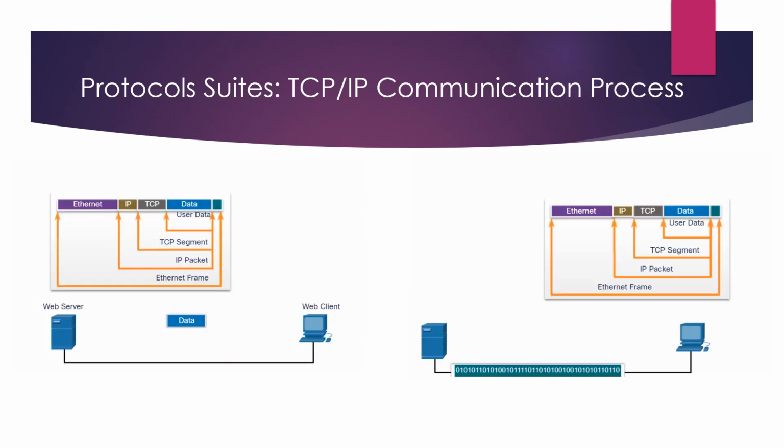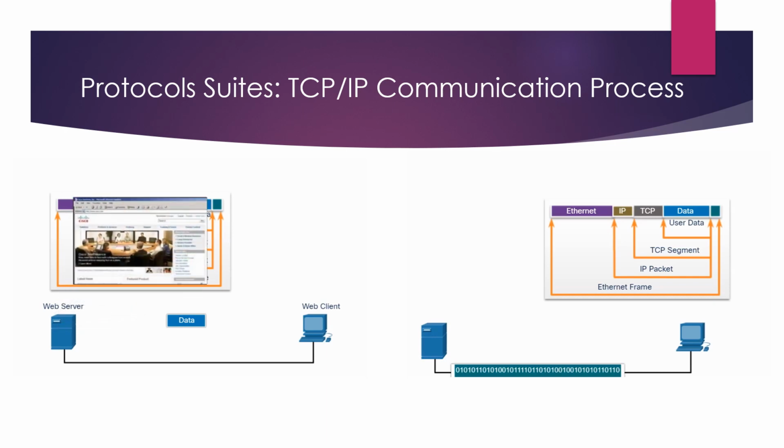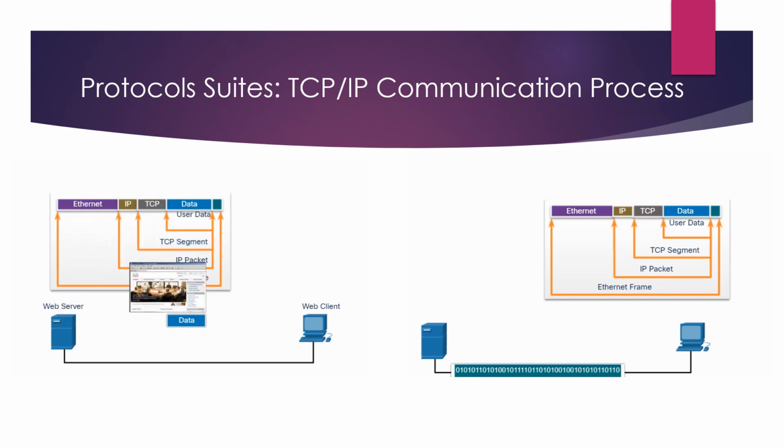Here in this slide, we have an animation that demonstrates the complete communication process, using an example of a web server transmitting data to a client. This is the data that needs to go to the client, the user data.